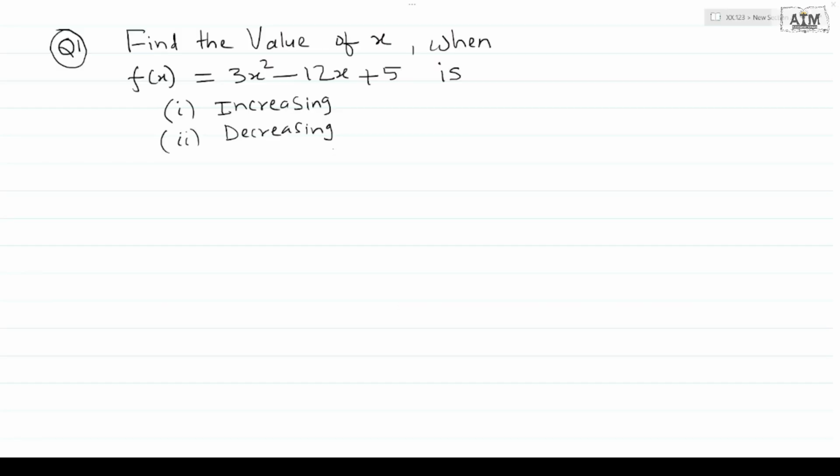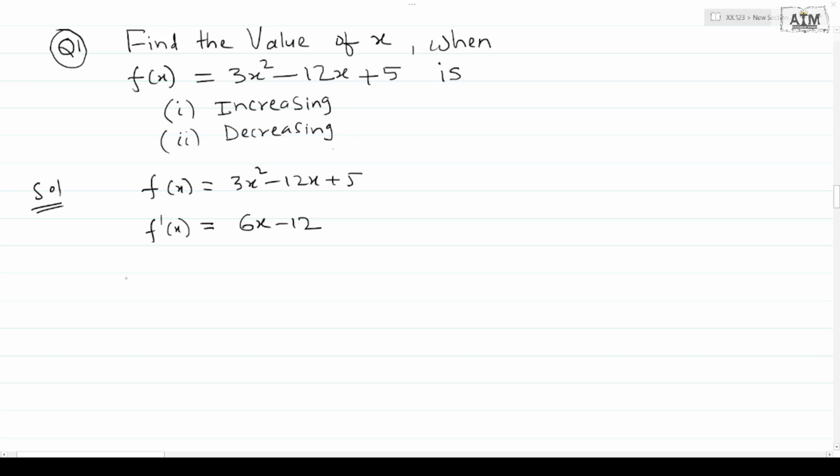Example number 1. Find the values of x for which f of x equals 3x square minus 12x plus 5 is increasing, and second, is decreasing. Solution: first of all we have to see what is f of x, that is 3x square minus 12x plus 5. Step 2, find dy by dx, that is the differentiation, so that equals 6x minus 12.